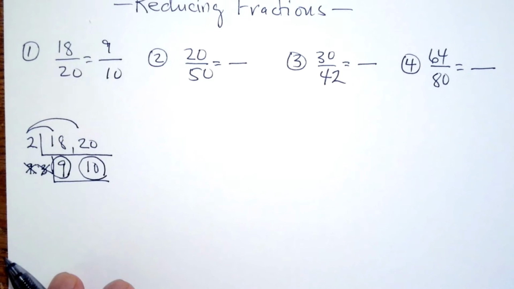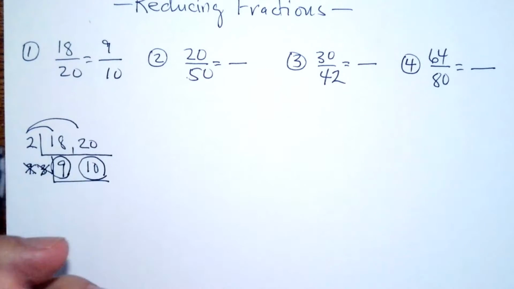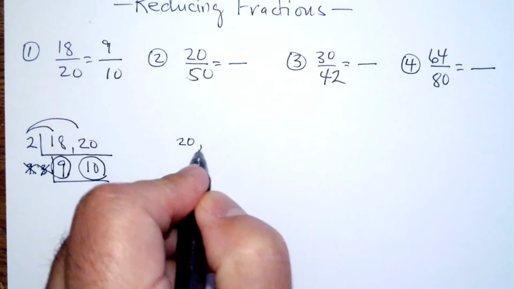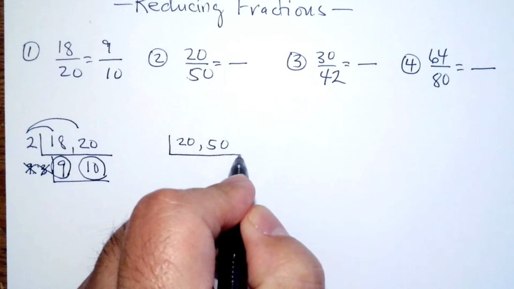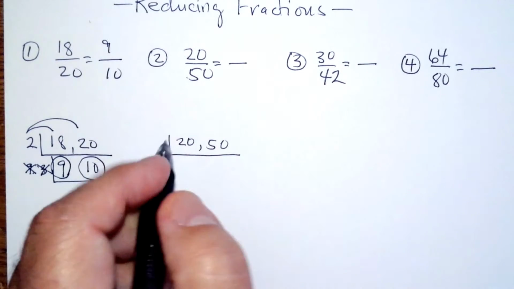Let's look at number 2. The fraction for number 2, we have 20 over 50. I'm going to set the numbers side by side. 20, 50, and I'm going to put my upside down division symbol. What's my next step? Ask myself what numbers go into 20 and 50, and I'm going to start with 2.